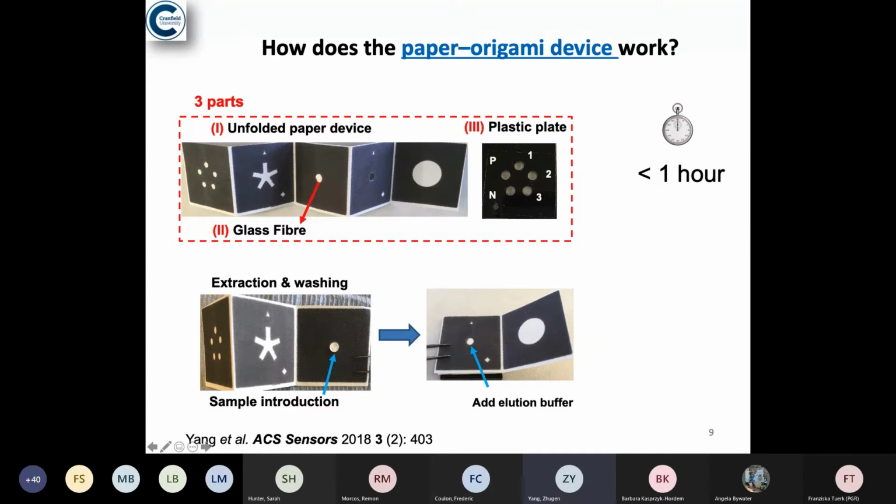Afterwards, we add the primers and enzymes and leave it for half an hour. Then we get the results detected by color changes. So the whole assay from sample in to data out can be achieved within 1 hour.